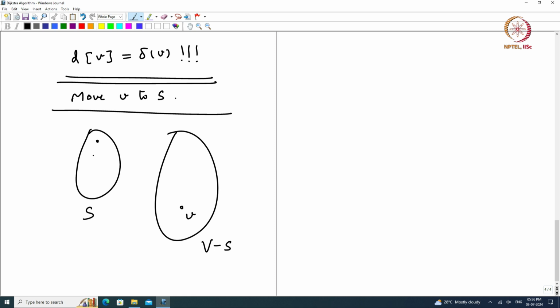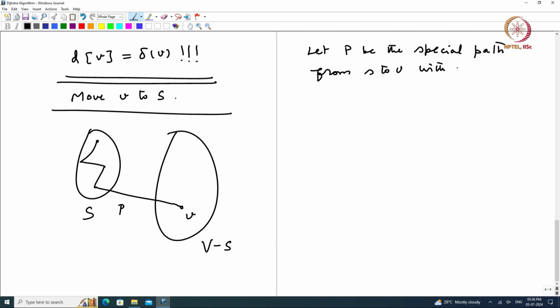From S I have a path, and you call this path P. Let P be the special path from S to V with weight of P equal to D of V. This is a path from S to V, and its weight is D of V. My claim is that P is the shortest path.